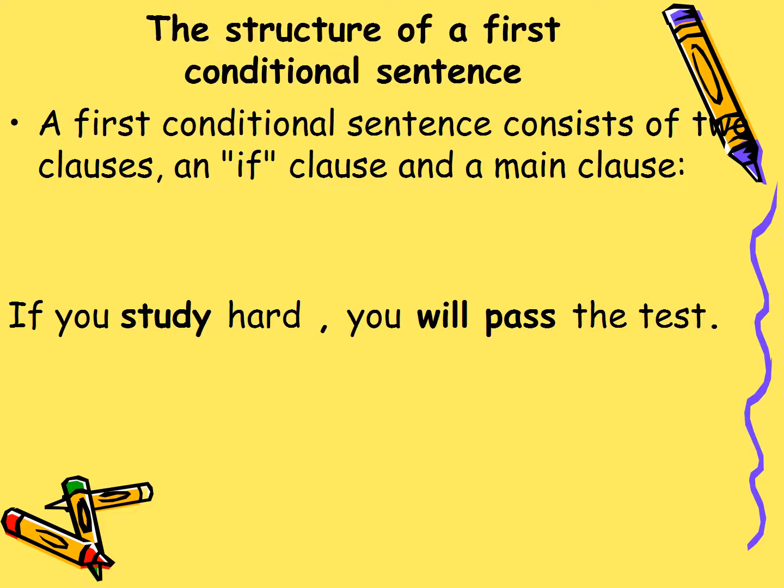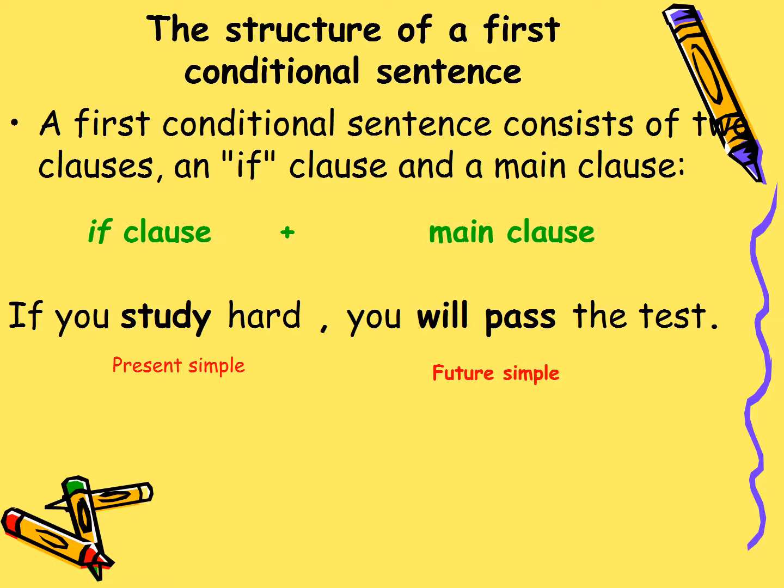We can notice that the verb in the if clause is in the present simple, while we use the simple future in the main clause. Study, present simple; will pass, future simple.